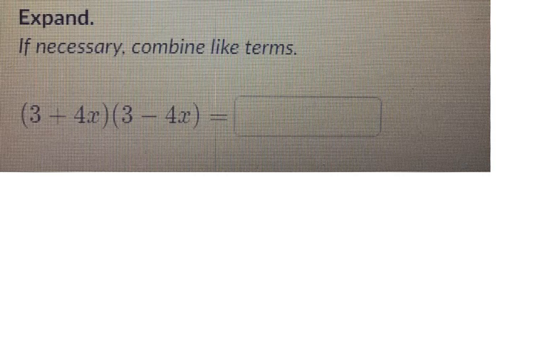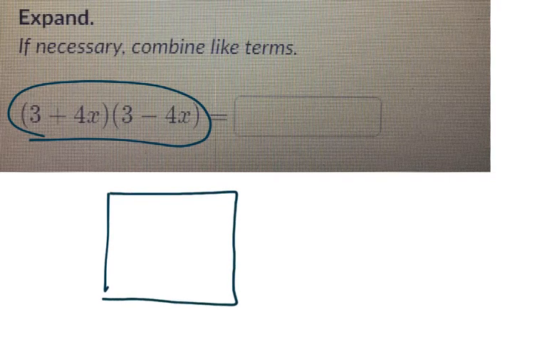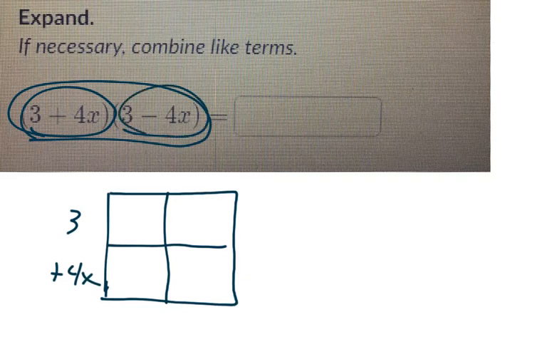All right, so guys, this should not take long. This should not be hard for Ureli or any of you to learn either. Guys, how am I going to multiply this? Let's go back to our dependable default. Let's set up our area model. We're going to do right here 3 plus 4x. And right here 3 minus 4x.